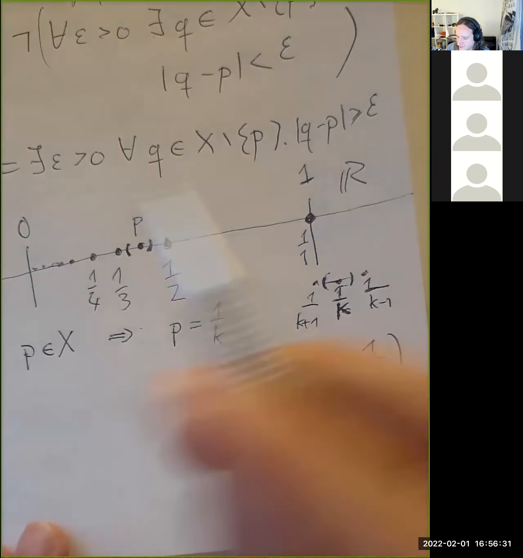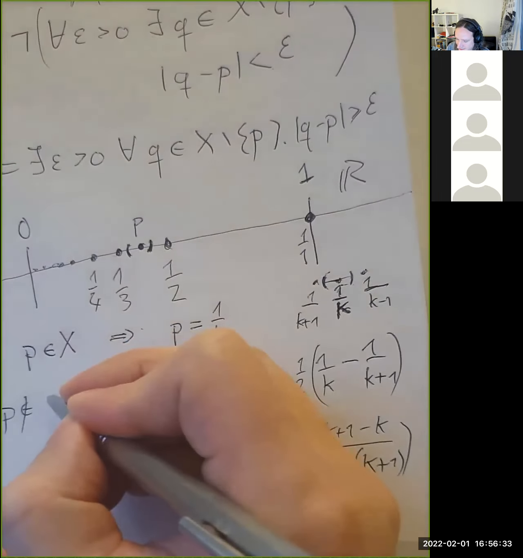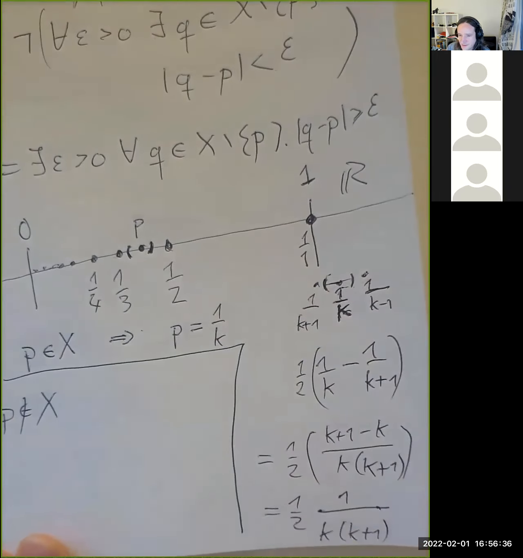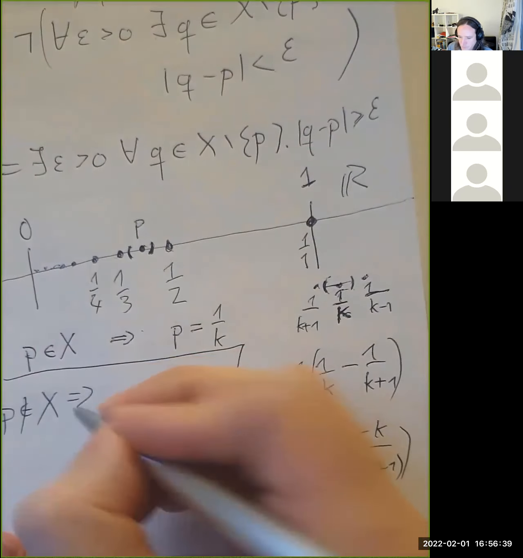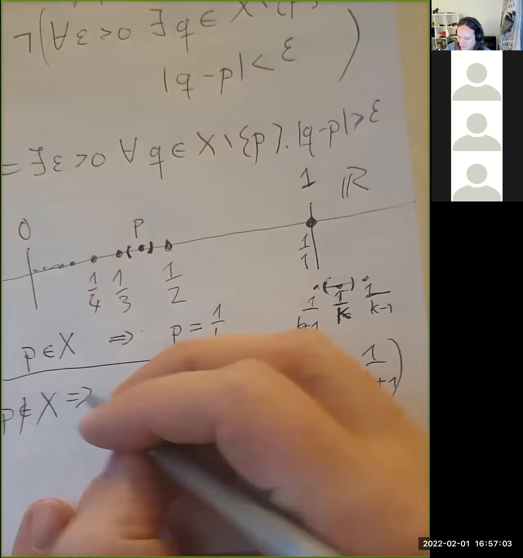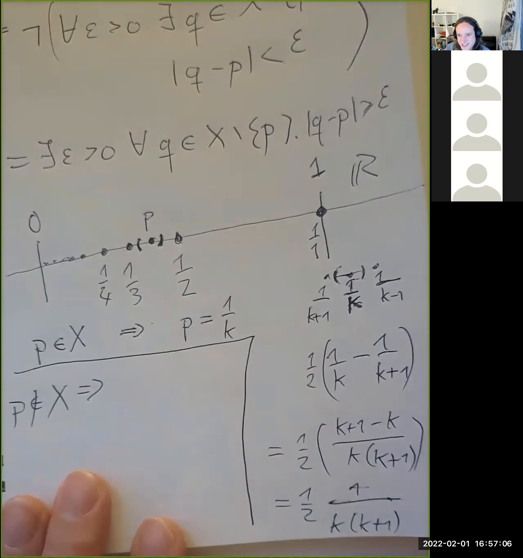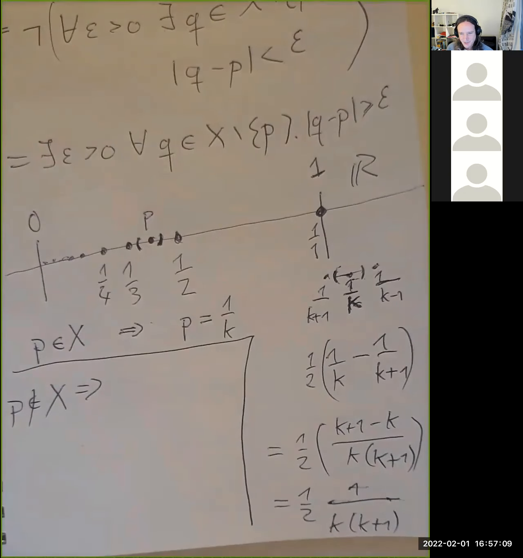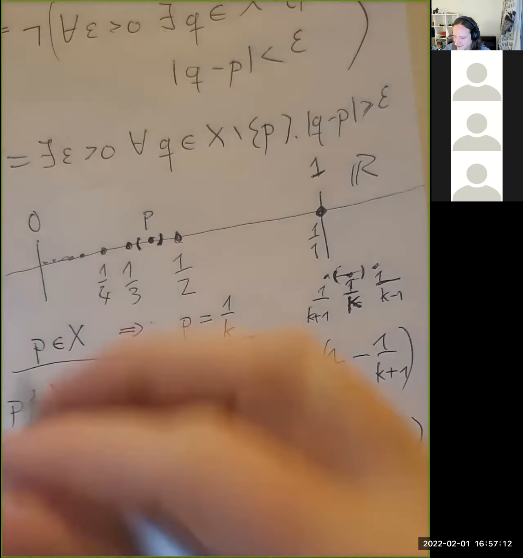Okay, so maybe let's also look at this case if P is not in X. We can do it in some way the same. So maybe it's possible to reconcile both cases in the end.